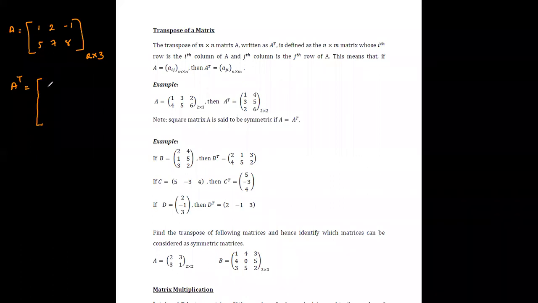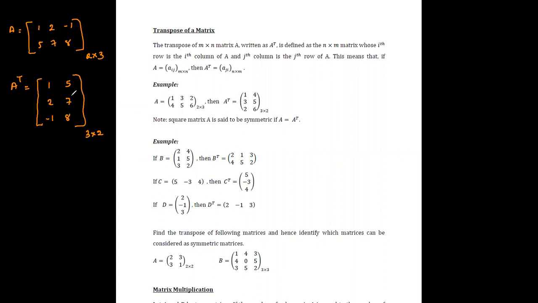The first row becomes the first column, which is 1, 2, and minus 1. The second row becomes the second column, which is 5, 7, and 8. Likewise, we can identify the transpose of this matrix. Since we have interchanged the rows with columns, the dimension of this matrix will be 3 by 2.